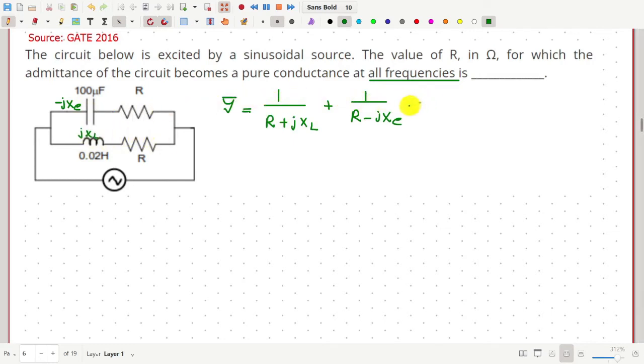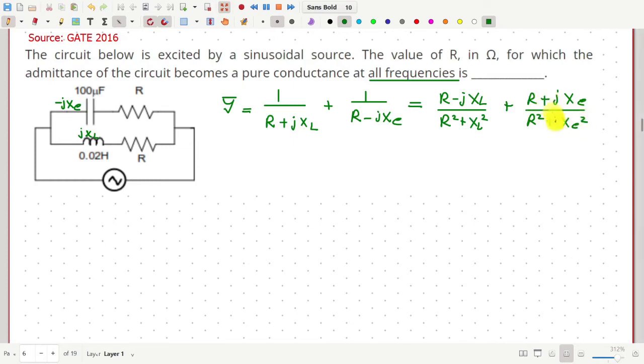Now this is equal to R minus jXL divided by R squared plus XL squared plus R plus jXC divided by R squared plus XC squared.